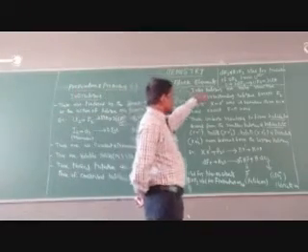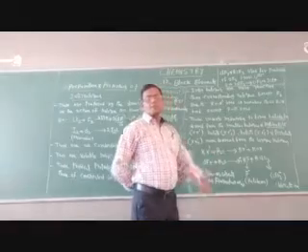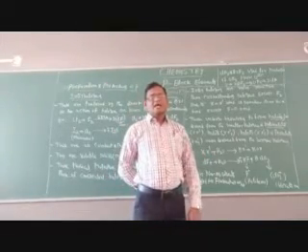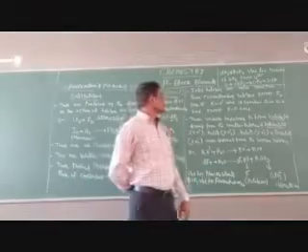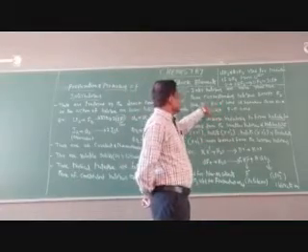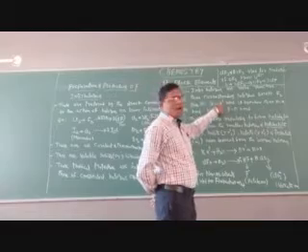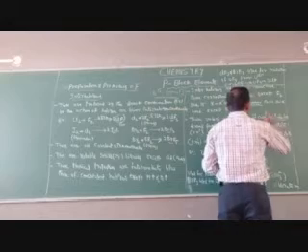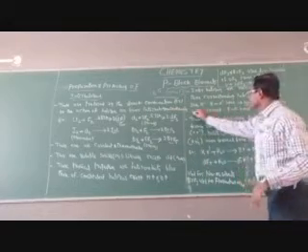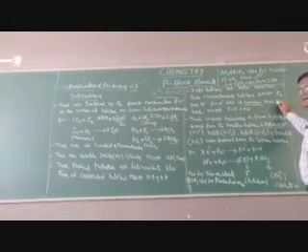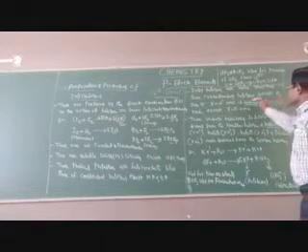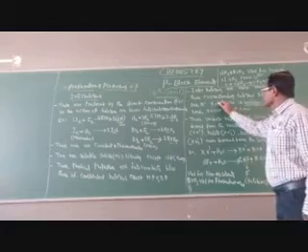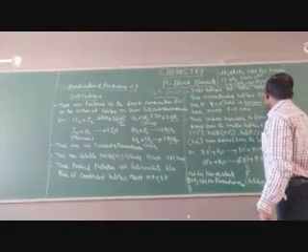Whereas in chemical properties, interhalogen compounds are more reactive than the corresponding halogens, except fluorine. Why? Because the interhalogen X-X' bond is weaker than the halogen X-X bond. This is called an interhalogen compound, and this is called a halogen.